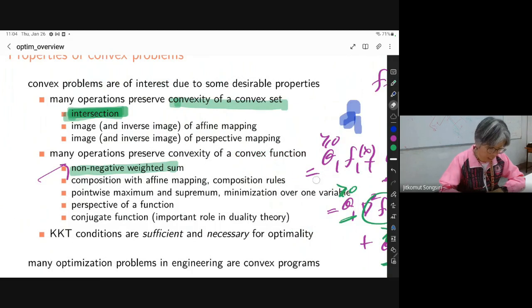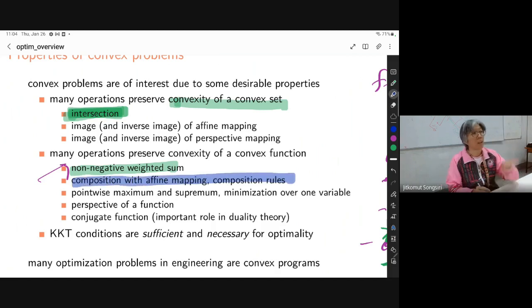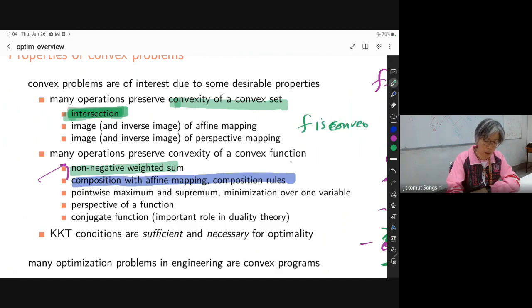Maybe I give the last property because this appears a lot in applications. If you have a composite function, a composite of a convex function f with phi, suppose my f is convex. My g(x) is the composite of f with phi.